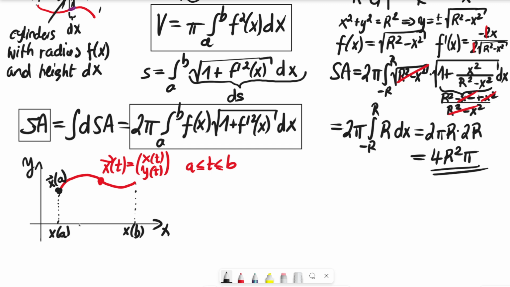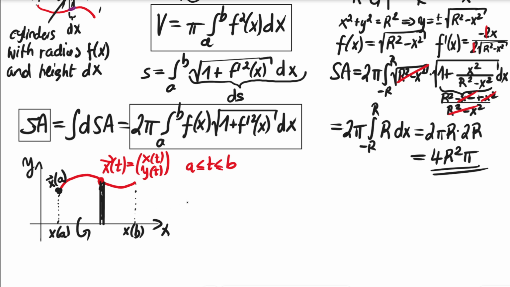And the idea is the same. You rotate it about the x-axis and generate a solid of revolution. And again, you take infinitesimal arc lengths. So from this x at t, you go a little to the future, delta t, and you rotate this disk part here.